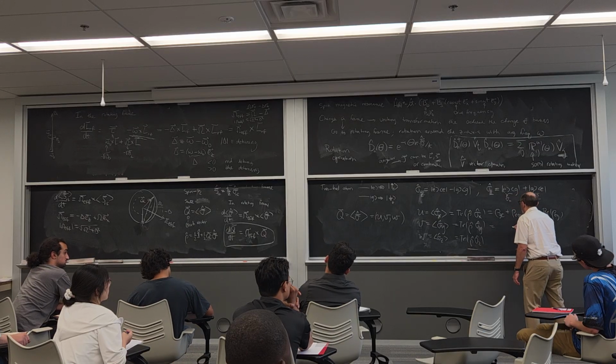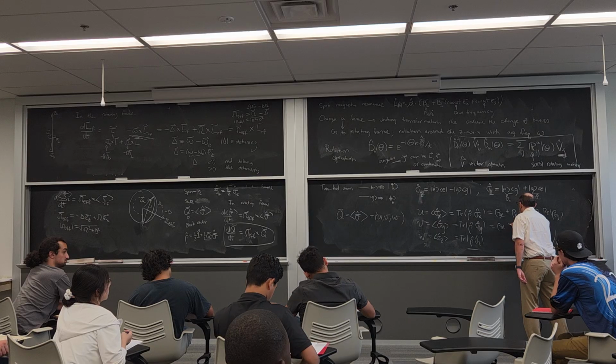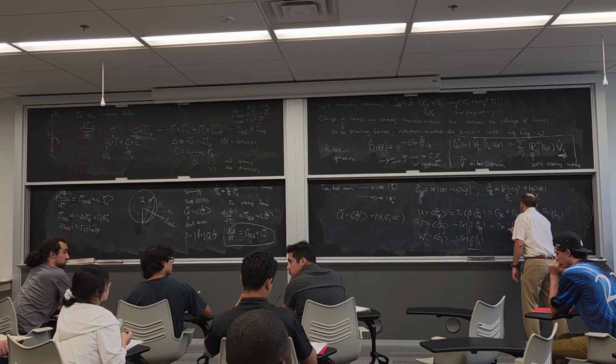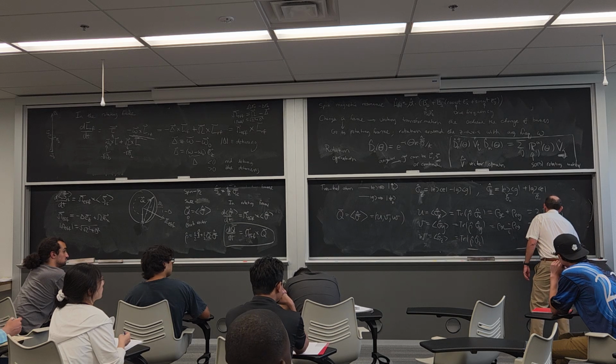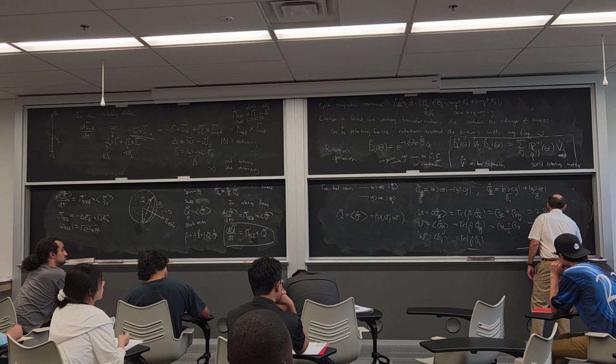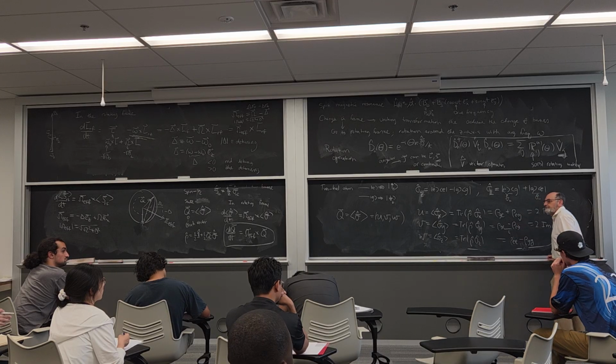This is rho GE minus rho EG over I, which is twice the imaginary part of rho, let's call it GE. And this is equal to rho EE minus rho GG.